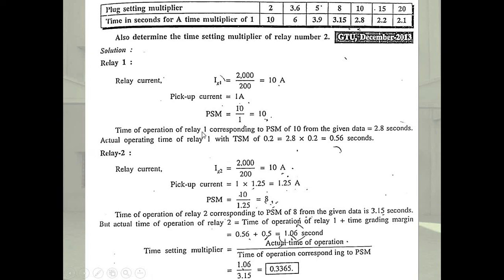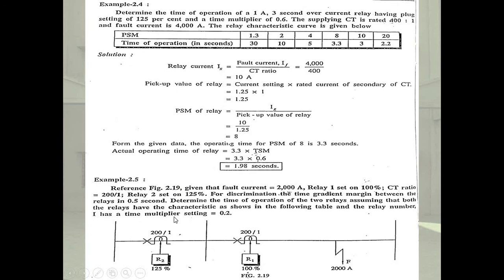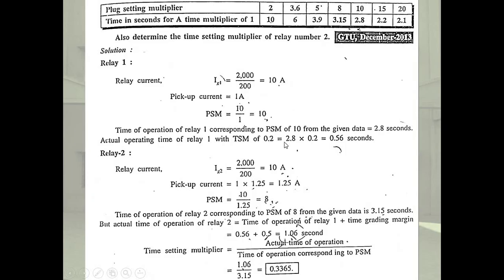Time of operation of relay 1 corresponding to PSM 10 from the given data is 2.8 seconds. Now the actual operating time of relay 1 with TSM equal to 0.2: 0.2 into 2.8 equals 0.56 second.